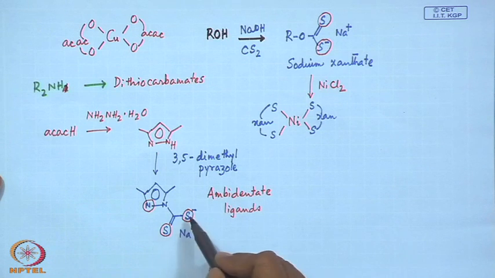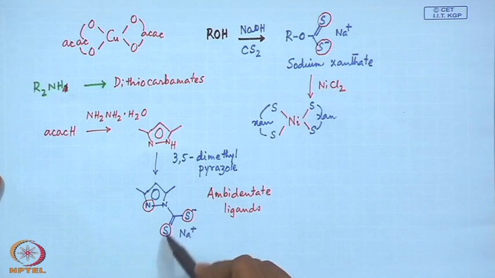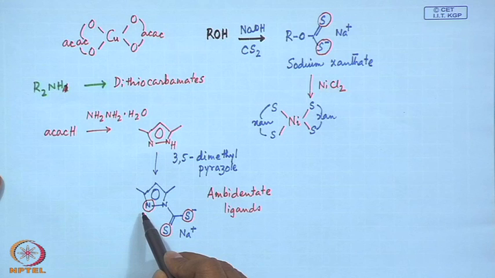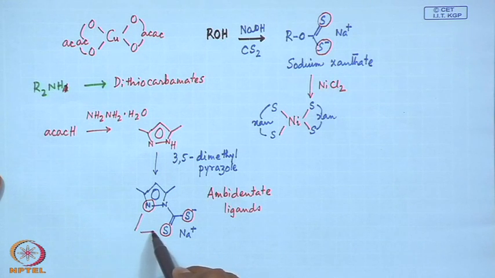Here, if the same backbone is utilized, the SS bond is utilized, and we can go for nickel coordination, but if this nitrogen is utilized for the coordination, we get a different type of compound. Say if we react with nickel, we will get the corresponding bis compound.